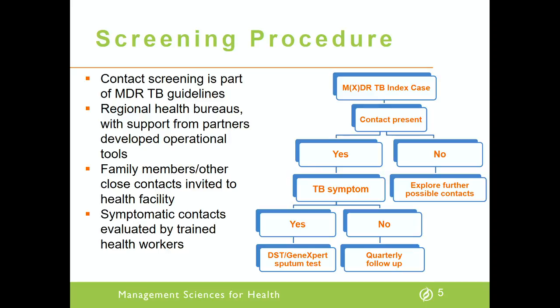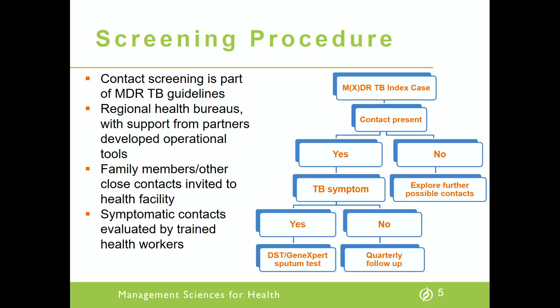As you can see in the slide, this is the procedure of screening. So we check whether or not there is a contact with the index case. If there is a contact, we screen for TB symptoms. And if there are TB symptoms, a GeneXpert test is done.